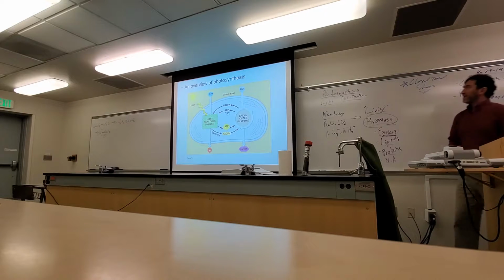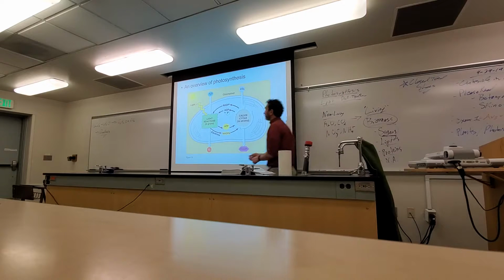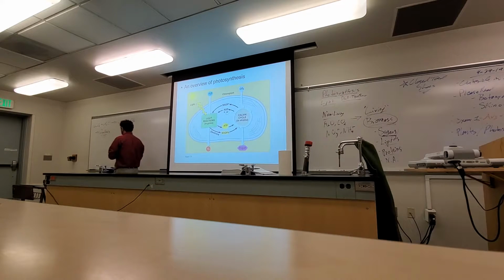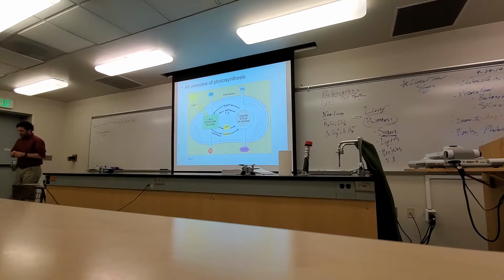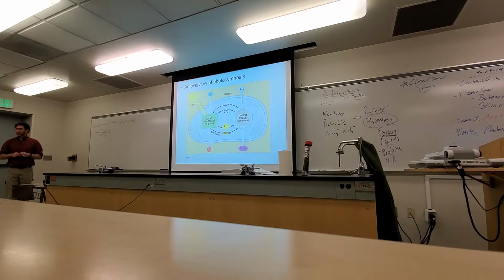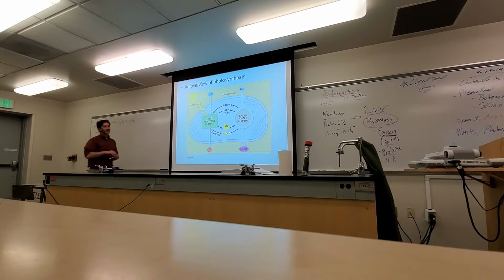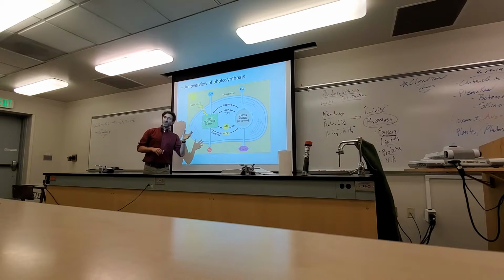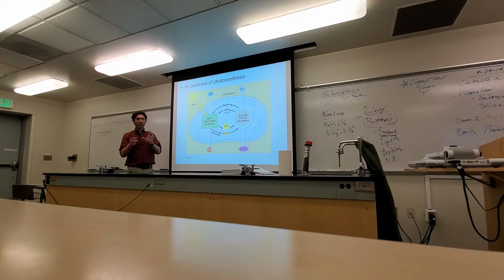Now, remember in respiration, there's the first part, the anaerobic part. What's it called again? It's called glycolysis. Thank you very much. Glycolysis, and then you enter the Krebs cycle. It's similar here, actually. There are two parts.